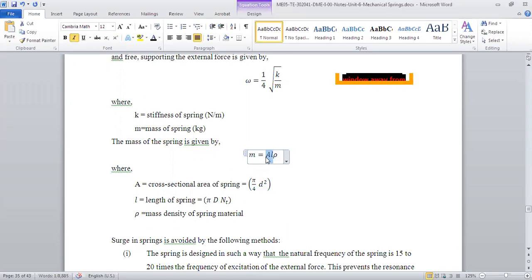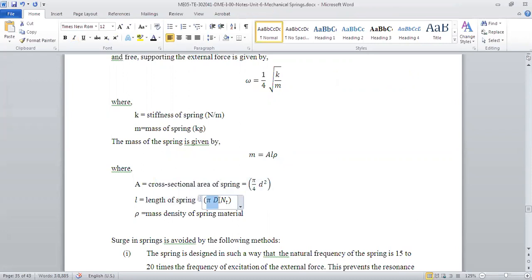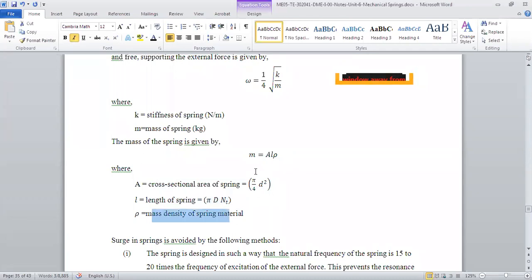Consider the wire as a cylinder: π/4 d² into L, multiplied by ρ, the density. π/4 d² is the cross-section area. The length of the wire L is π D times N, where π D is the circumference of the mean coil diameter and N is the number of turns or coils.